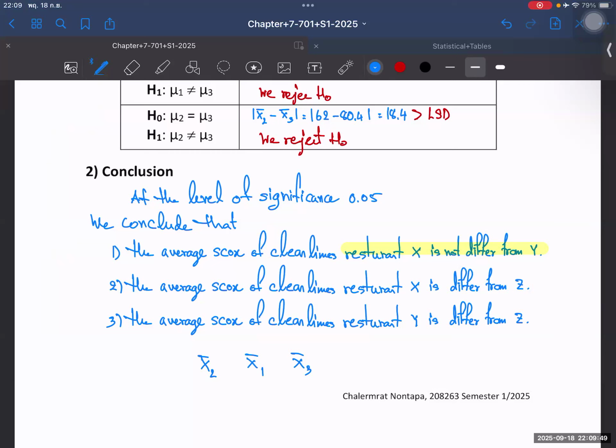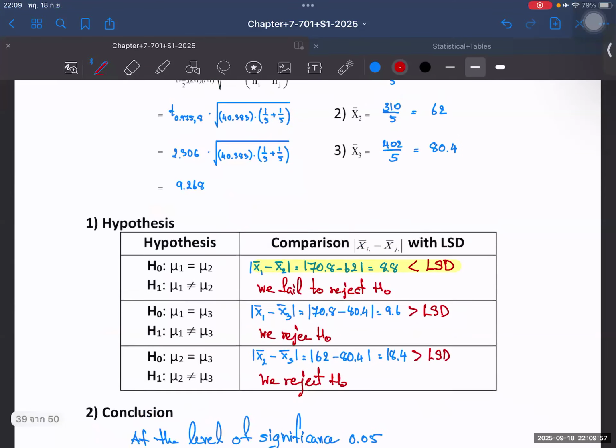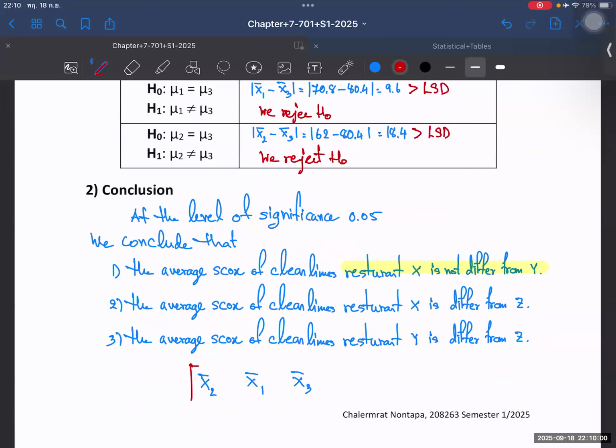So you can see that we have the bar diagram, right? 1 and 2 are not different, right? So this is a group because this is not different. So the good restaurant is restaurant C because it has the highest average score of cleanliness. Okay, so we can infer like this.